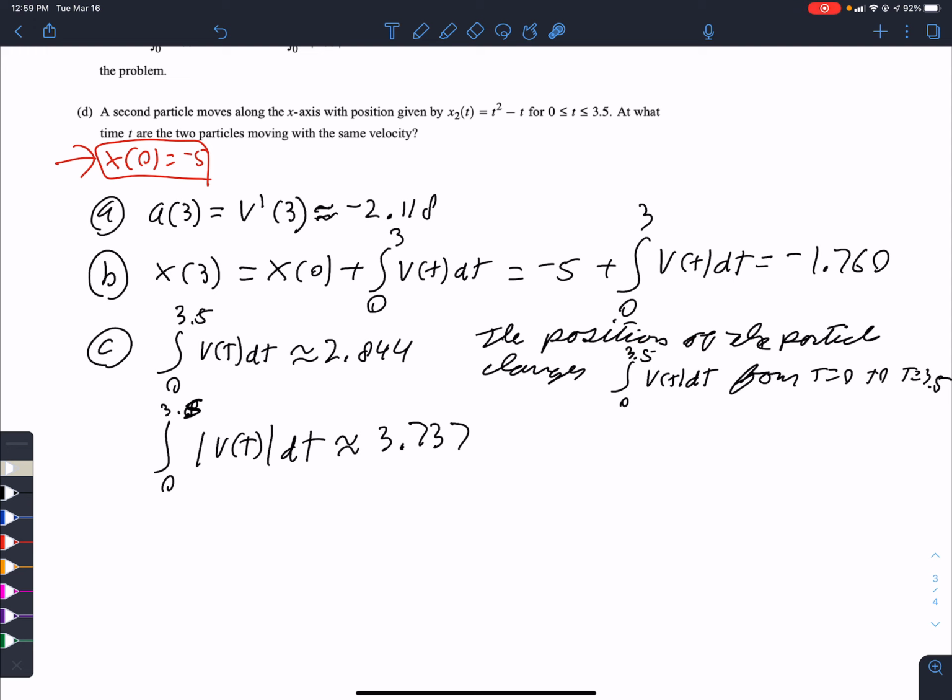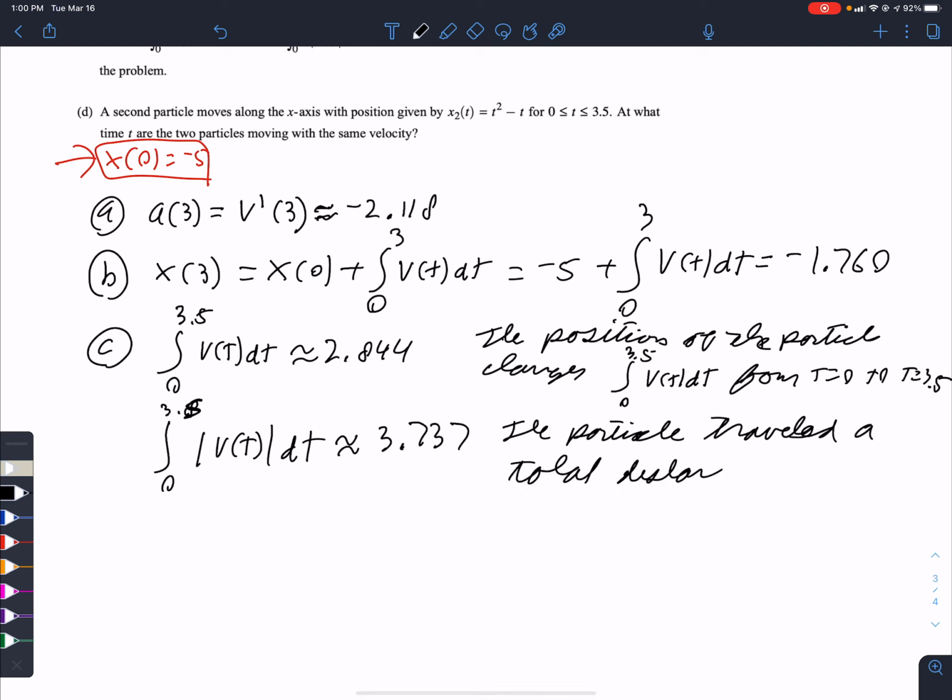And for the second part, it's a total distance traveled. The particle traveled a total distance of that much from t equals 0 to t equal 3.5.